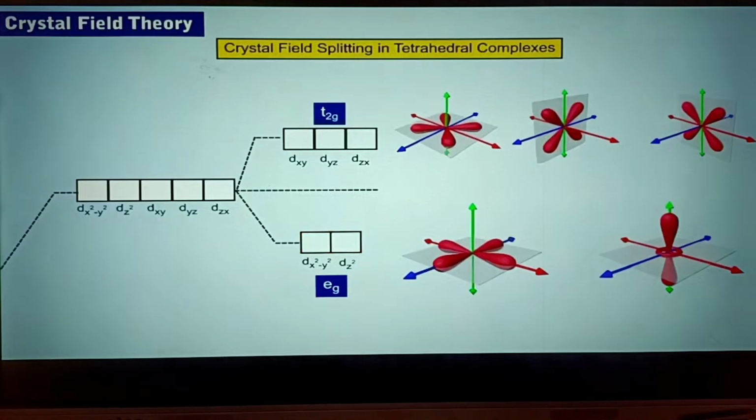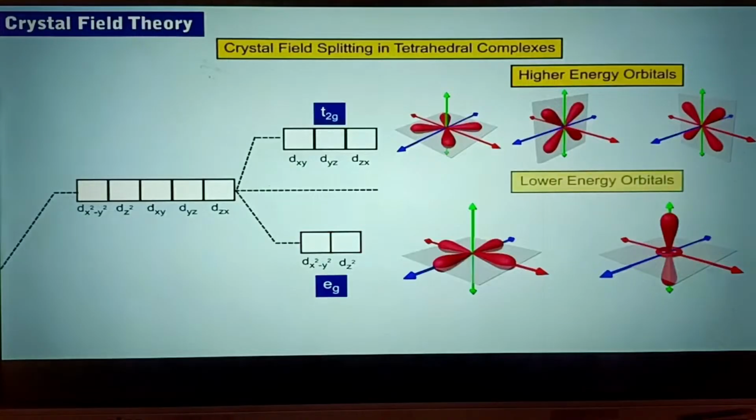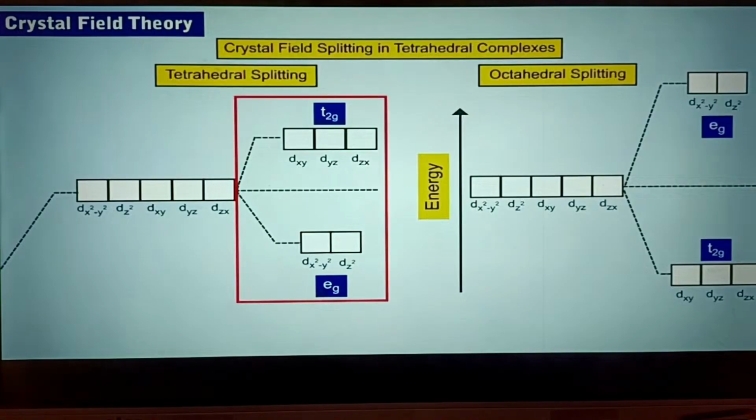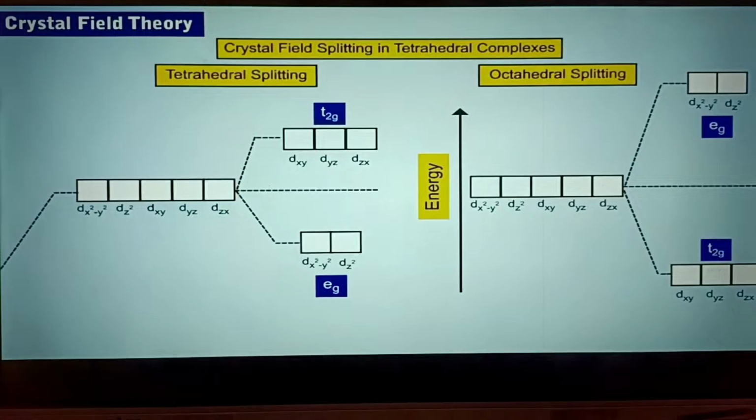This is because the T2g orbitals are oriented along the direction of the approach of the ligands. Thus, in tetrahedral splitting, the T2g orbitals are of higher energy and the 2 Eg orbitals are of lower energy. You can see that the d orbital splitting in tetrahedral geometry is exactly the reverse of octahedral splitting.